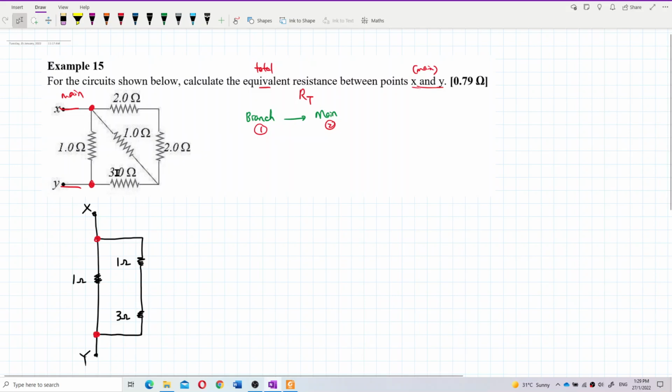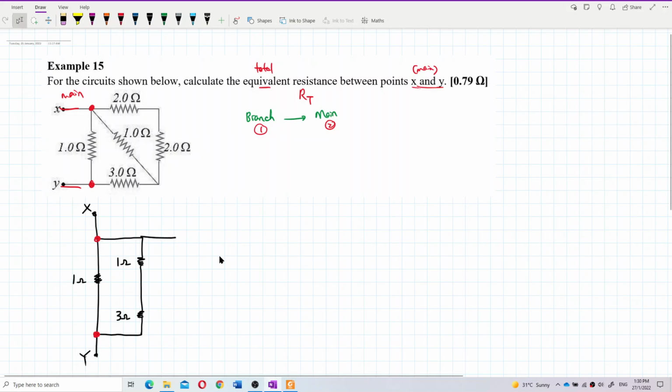And then we have 2 ohm and 2 ohm, isn't it? Let's draw this 2 ohm and 2 ohm. It starts from this point, we can draw from here also.